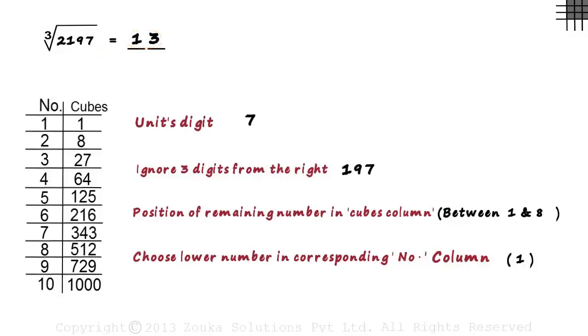Remember, we always choose numbers from the first column, which is the numbers column, to write the digits of our answer. 3 was chosen from here and 1 was chosen from here. This looks really long at first look, but with practice, trust me, you'll be able to solve it in 5 seconds. Now let's solve another problem so that you understand better.